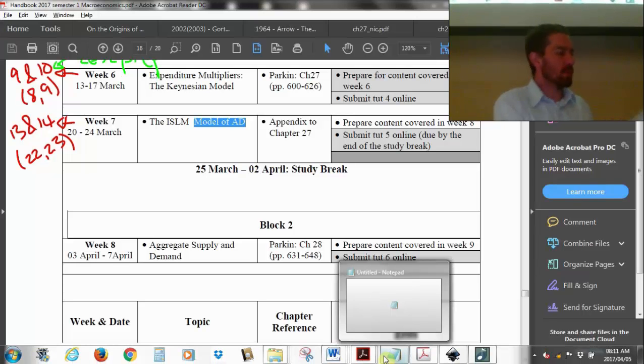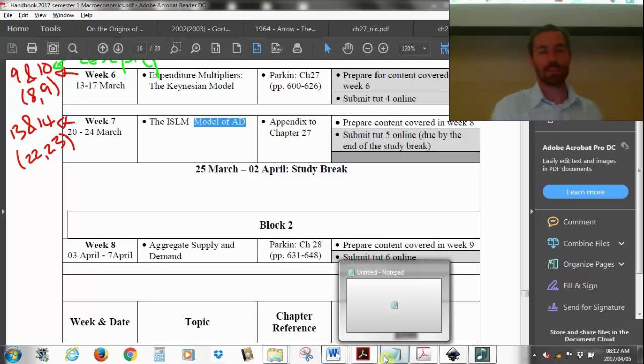I actually just want to double check something quickly. And in fact, in the appendix, you will notice that there is no ISLM model.